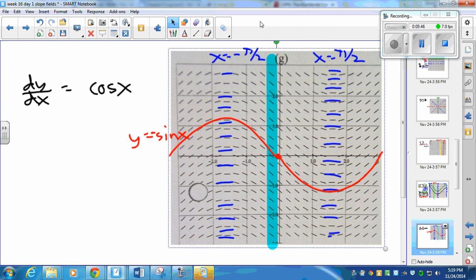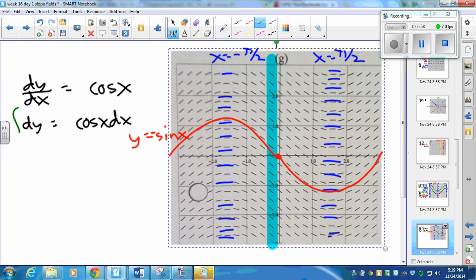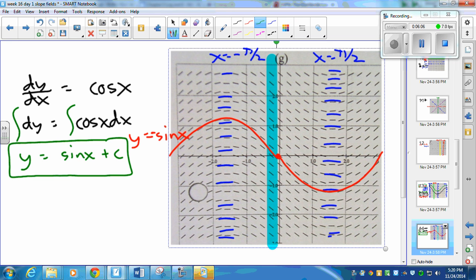Now, I know my prediction currently is cosine x is my slope field generator, but watch what happens if I do this. dy equals cosine x dx. When I integrate, I get y equals sine x plus c. I don't feel like I fit it correctly. I think I'm off by a negative, and then the integral of negative cosine happens to be negative sine x.